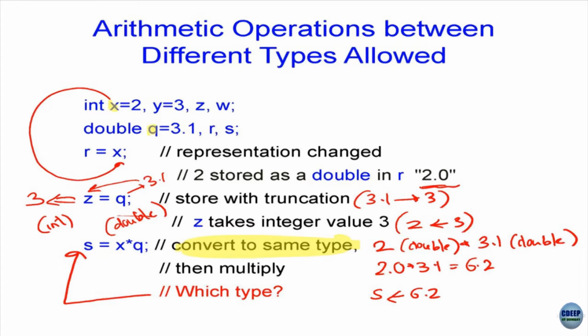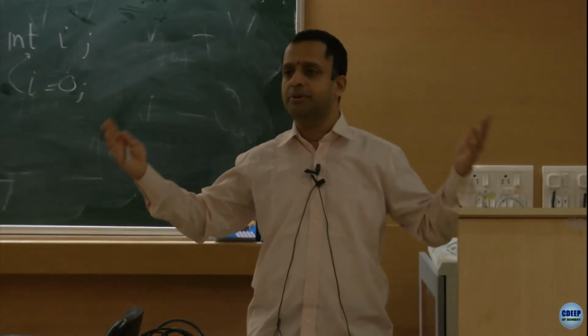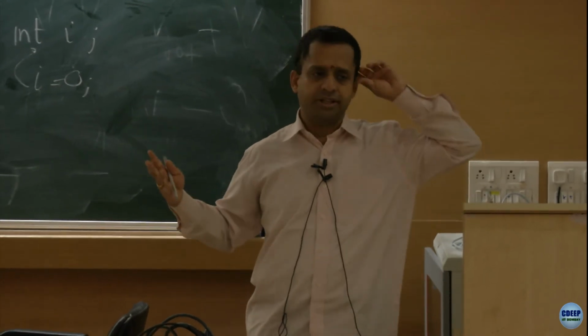Now, we will see some kind of a hierarchy. When int and double start interacting, both have to talk like doubles. So the same type will become double, just because it can exercise more flexibility, more freedom in the range of values it can take. It's very intuitive.